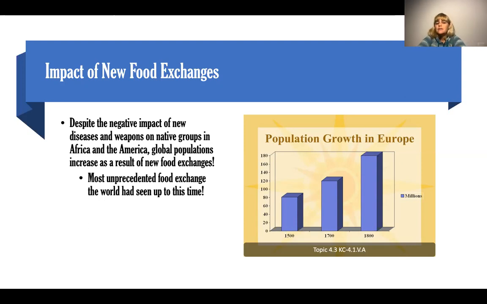So this is going to be the most unprecedented food exchange the world has seen up to this time. So even though we did talk about a food surplus in China in period 1 with that Champa rice, this is global, guys, all right? Food surpluses are happening all over Asia, all over Europe, all over South America, all over Africa.